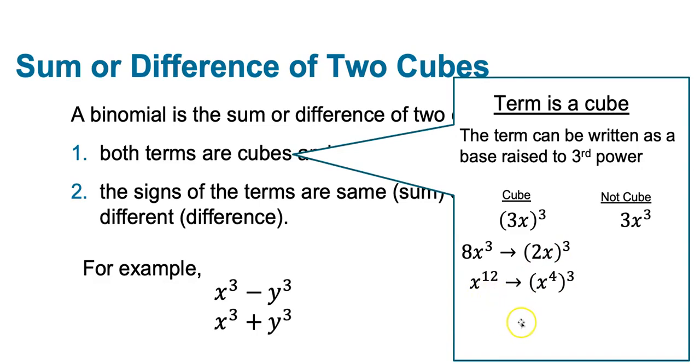The reason is because this can be rewritten as a base raised to the third power, using the definition of exponents and properties of exponents. Any term that has an exponent that's a multiple of 3 can be written as a perfect cube. However, if the exponent is not a multiple of 3, for example 5, the term cannot be written as a perfect cube.